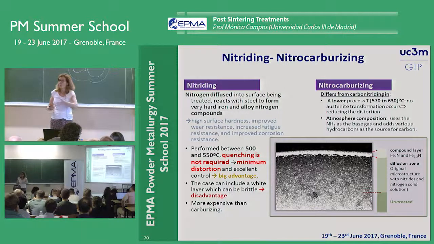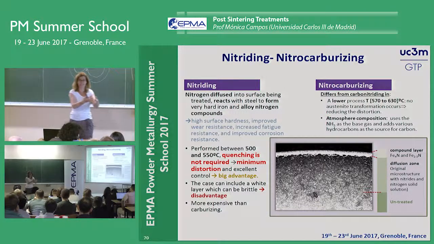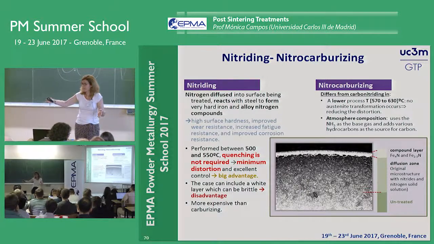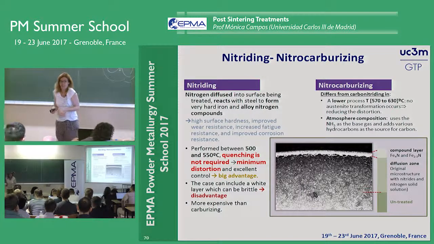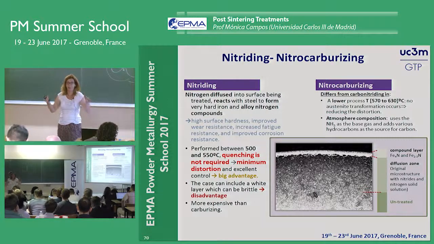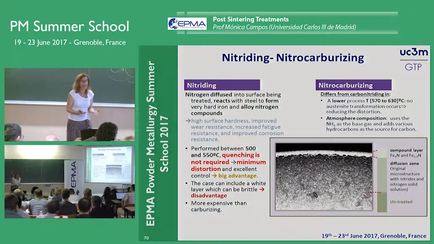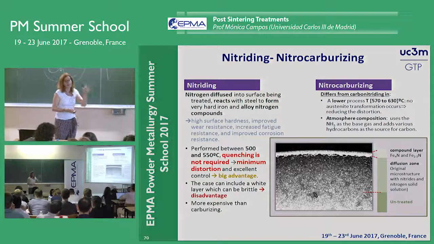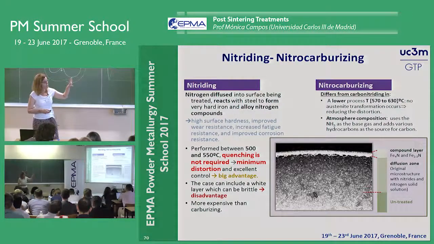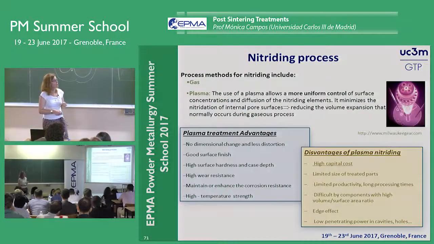And then why not go to nitriding instead of carburizing? In the case of nitriding, we need some elements that like to form nitrides. Then not all the range of alloyed steels are able to have this kind of treatment. We need to choose the composition of our component perfectly.